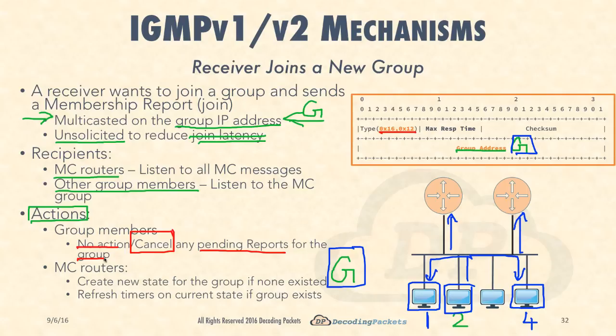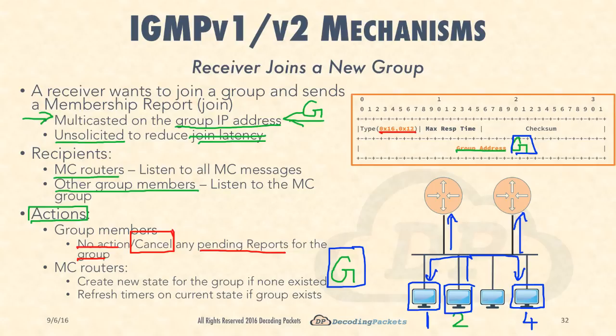So only for that G group, the blue group, they will cancel any pending reports, because somebody else from the group updated the status. And like I said, as long as one person from the group updates that status, the group is good to go from a router point of view. That's all that's needed, right?